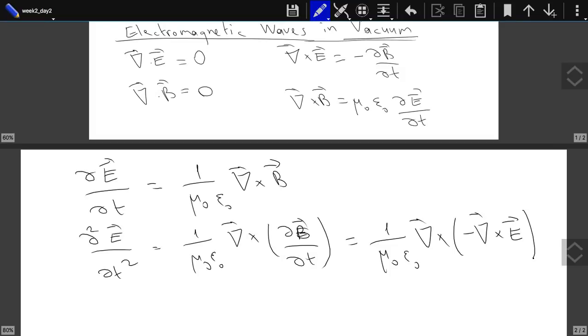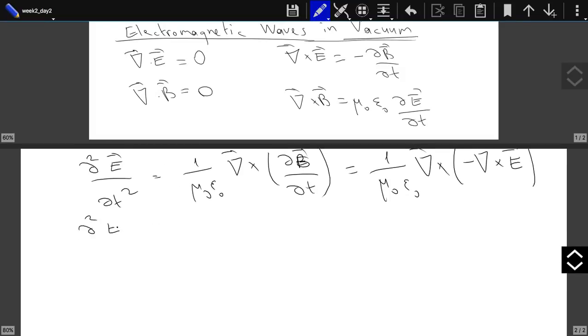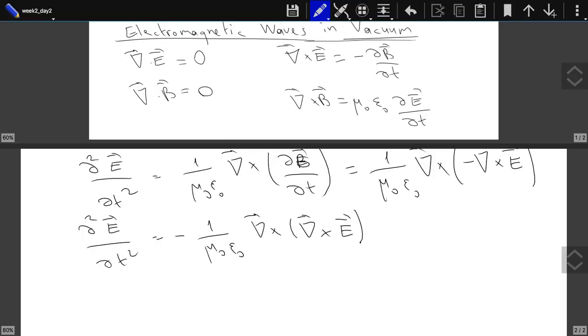So whatever E field I have, it should, in vacuum, always satisfy this equation: del squared E by del t squared is equal to minus 1 over mu 0 epsilon 0 curl curl of E. So do you remember what the curl of a vector field?